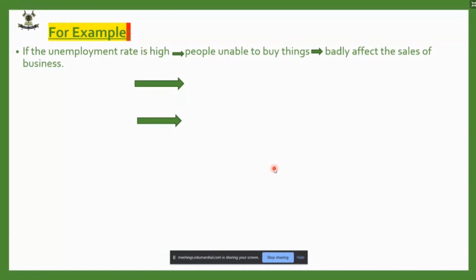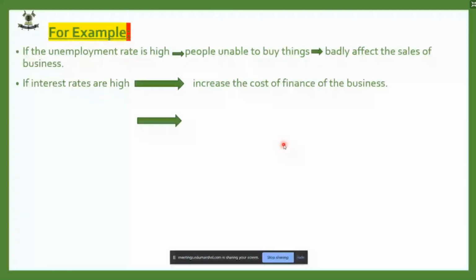What else can be there, children? If the interest rates are high, suppose you talk about the automobile industry, or construction companies, and the interest rates are going to be high.